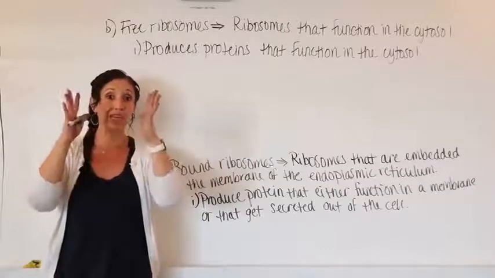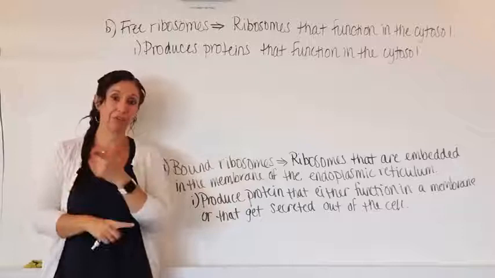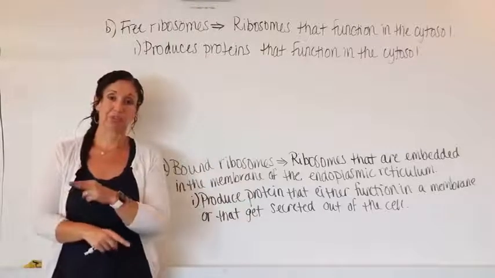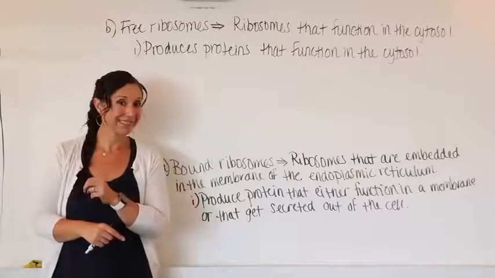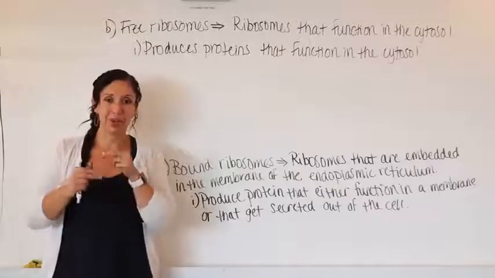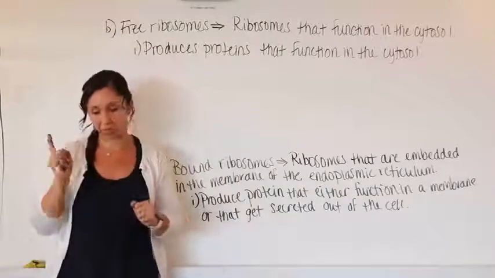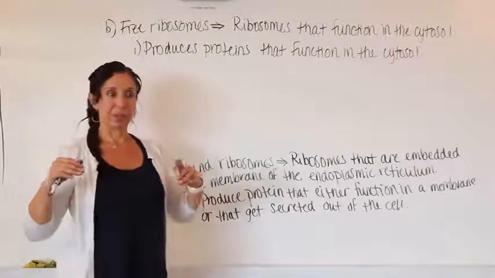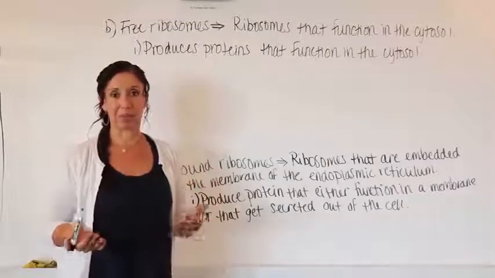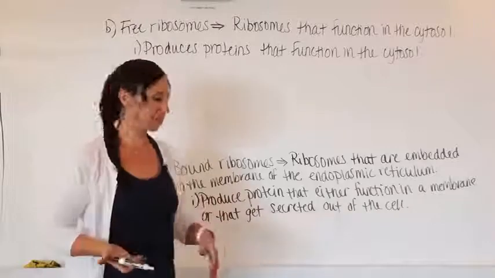You're secreting these proteins. Do you need a bound ribosome or a free ribosome to start making these proteins? A bound ribosome. So I want you to start thinking like that so you could figure out, oh, that's from a bound ribosome, that's from a free ribosome. Just so you could start understanding the beautiful nature of protein production.